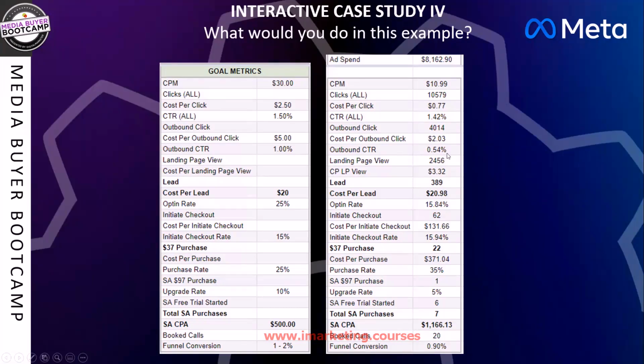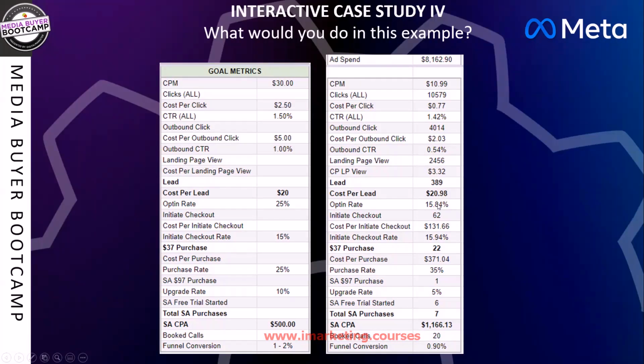You could work on your media buying side. You need to work on this CTR. You know this is half of what it should be. So there's a big problem with your messaging or with your ad in Facebook or your targeting, okay?